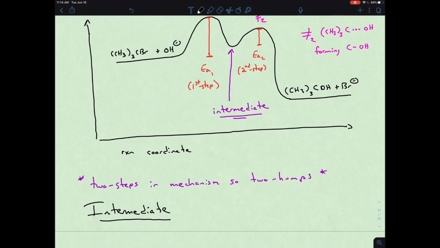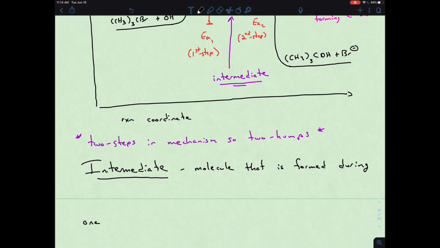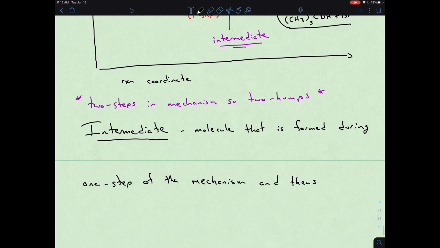right, this is really just a molecule that is formed during one step of the mechanism, and then basically it gets used again.